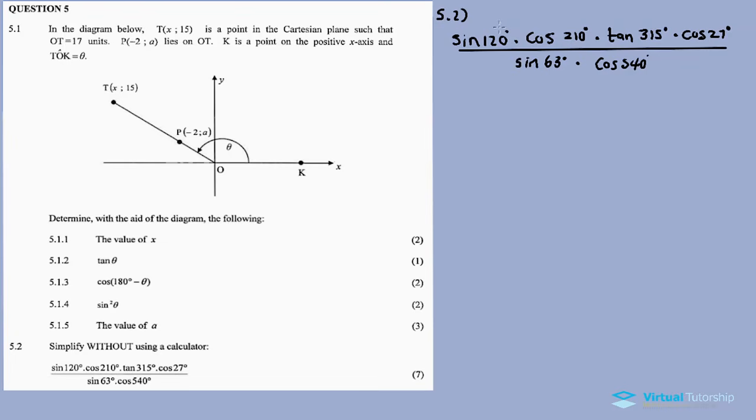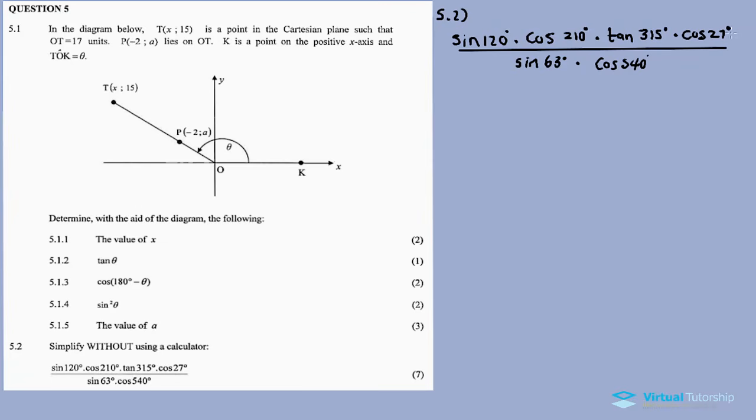Look at the angles they have given us here. We have sin 120 degrees. This angle is big, so we must reduce, so use the reduction formula. The 210 degrees is a huge angle, we must reduce. The 315 we must also reduce.